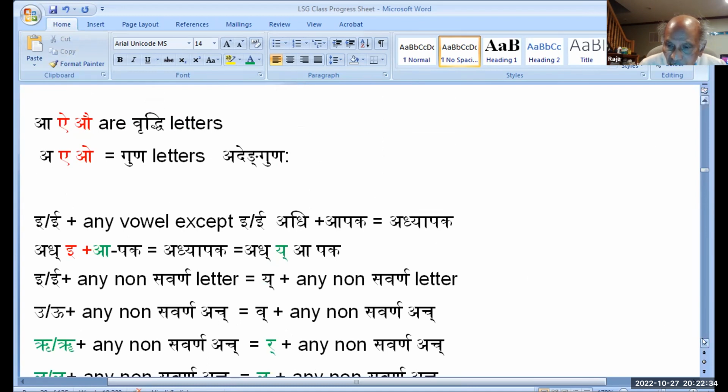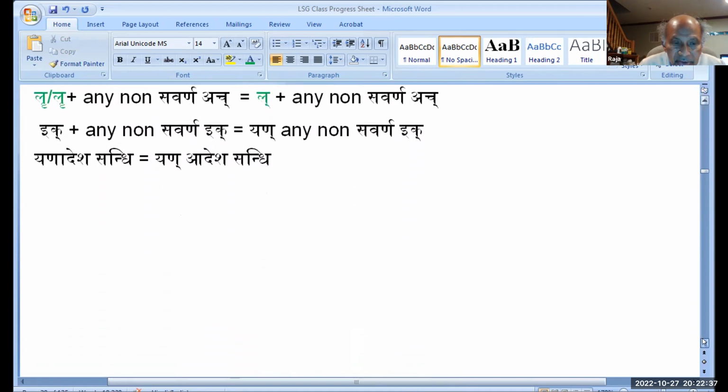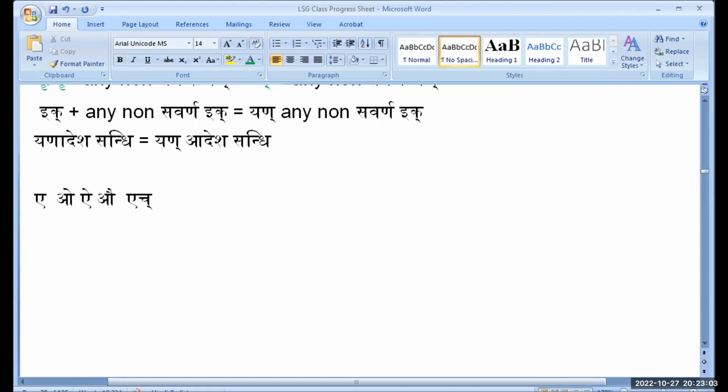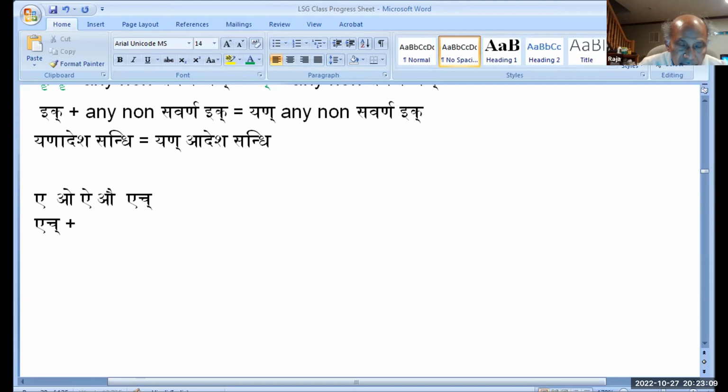What we have so far not used are these 4 diphthongs or derived vowels: E, Ai, O, Au. In the Maheshwar Sutrani, the Pratyahara is Ech. Now we have to see what happens if you take Ech and add any vowel, any vowel, doesn't matter.